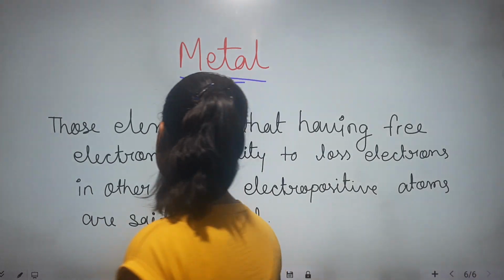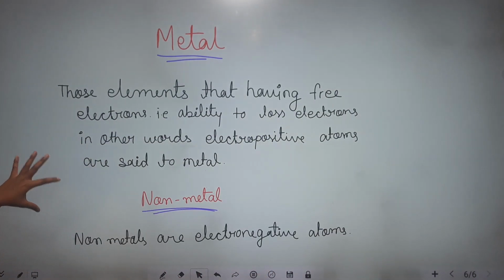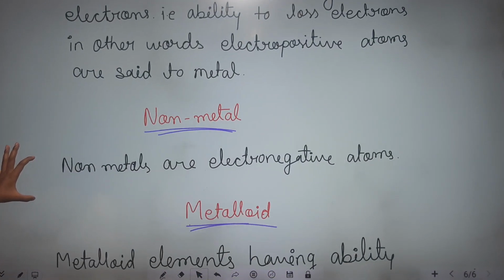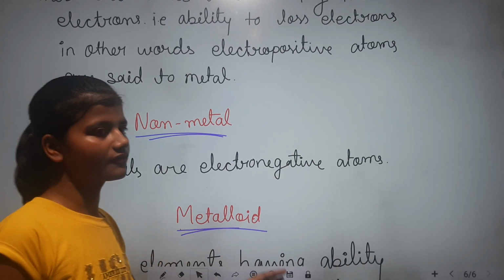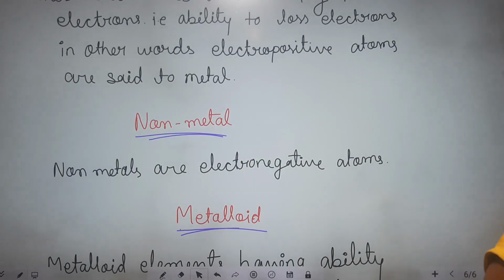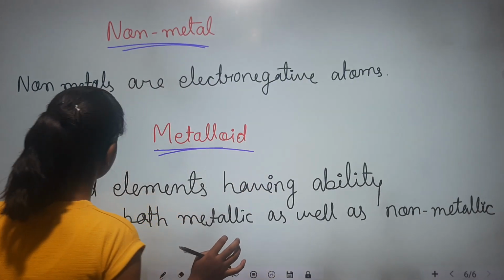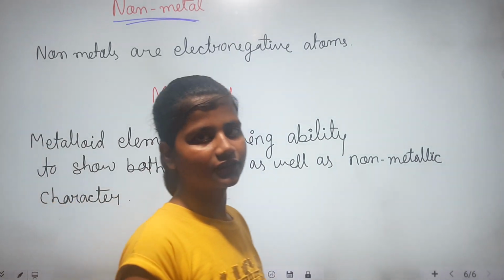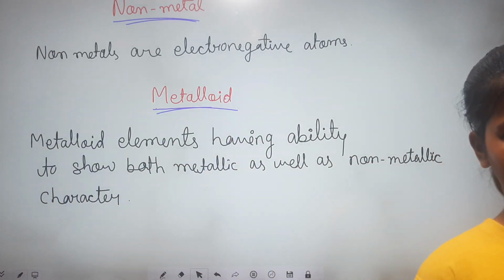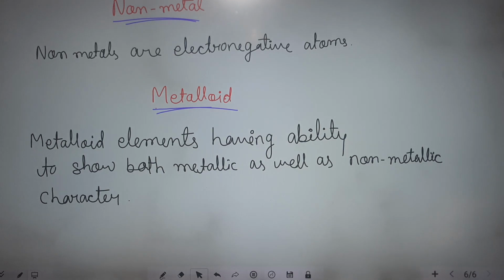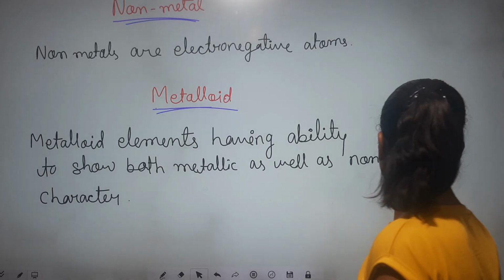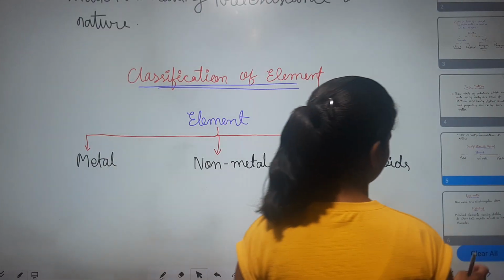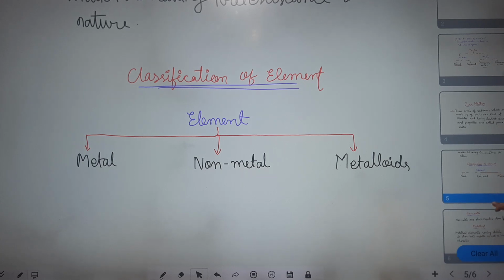And what is non-metal? Non-metals are electronegative atoms. And what is metalloid? Metalloid elements have the ability to show both metallic as well as non-metallic character. So this is all about the types of element.